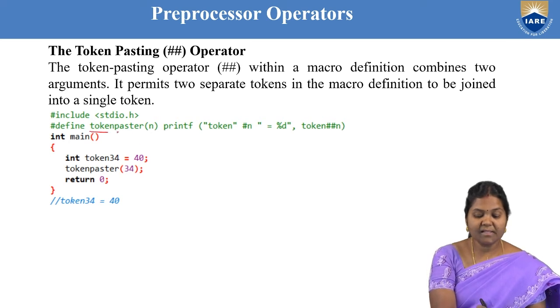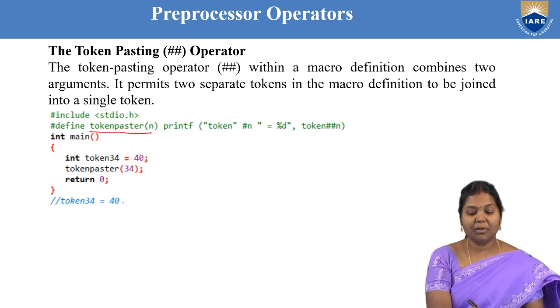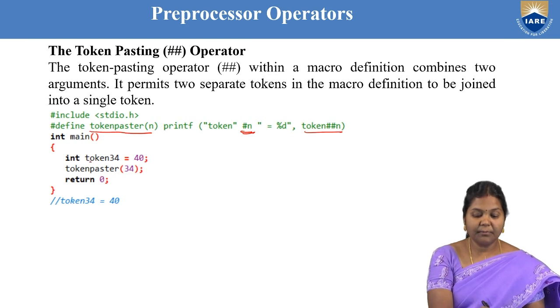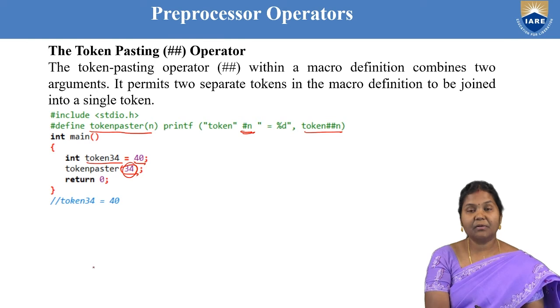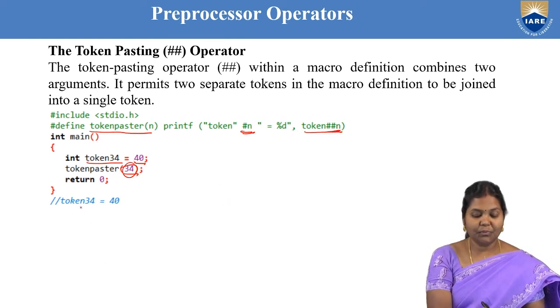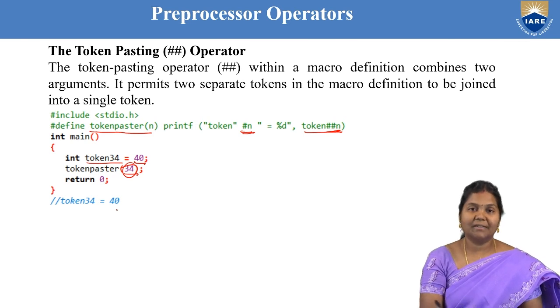You have defined a macro, token paster, where whenever you find a token, you have to paste it. For example, token34 is equal to 40. So with token paster we are passing one argument called 34, which will be pasted along with the token name. So token34 is equal to 40 is the output.